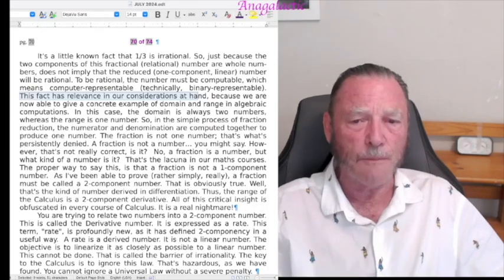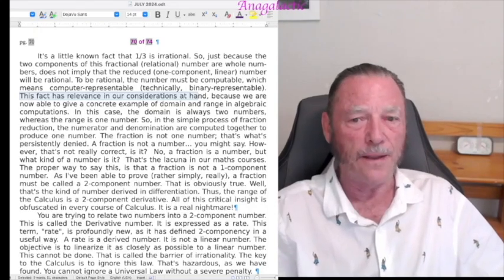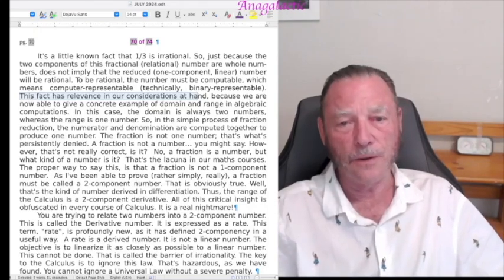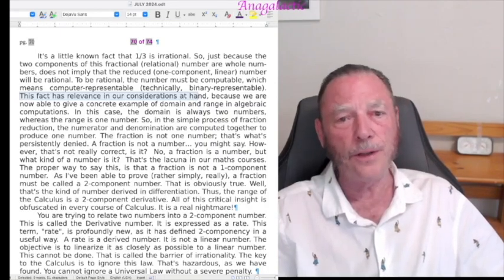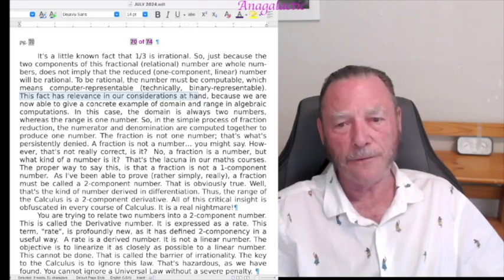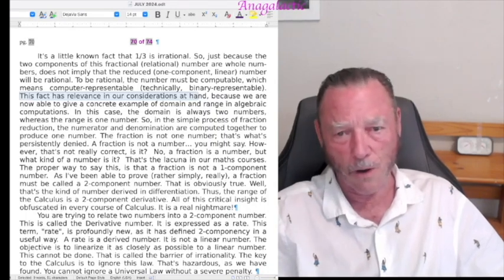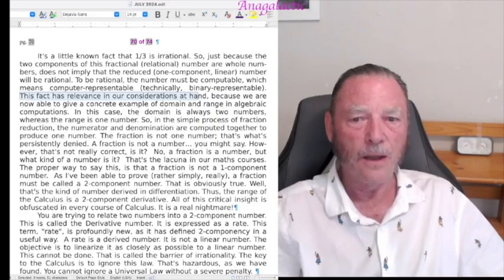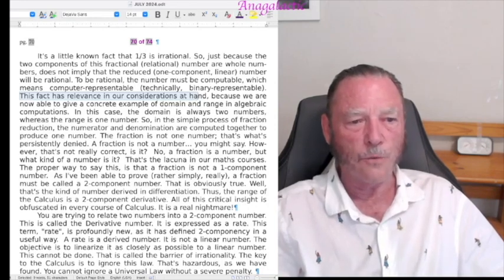In this case, the domain is always two numbers, right? 2 and 1 would make 2 over 1, or you could use 2 and 1 to make 1 over 2. And those are the only two ways to compose those two numbers together to make a fraction. That's a relation, 1 to 2 or 2 to 1. That's elementary. In this case, the domain is always two numbers, whereas the range is one number.